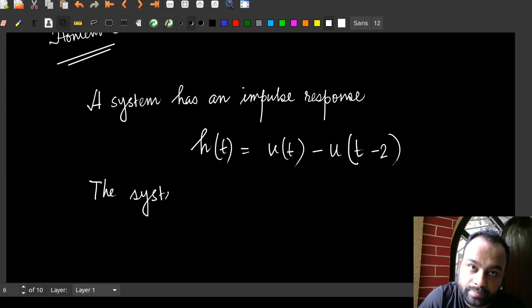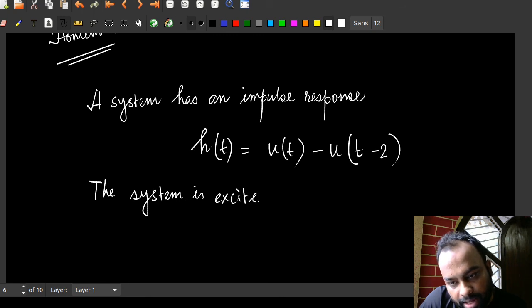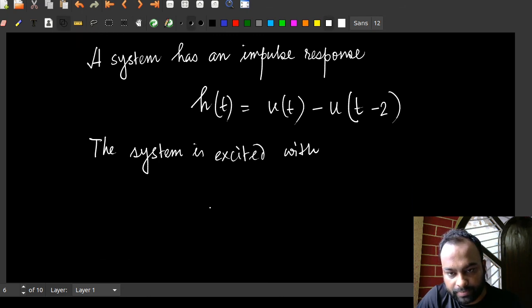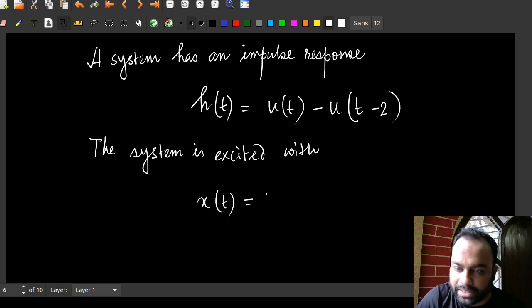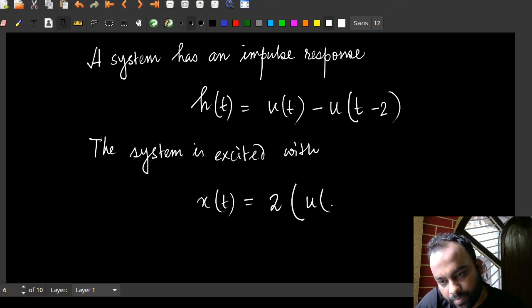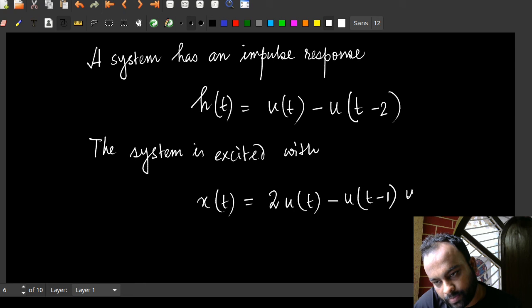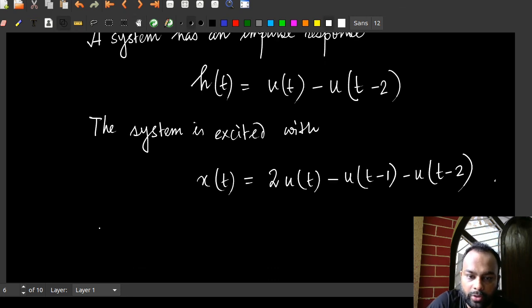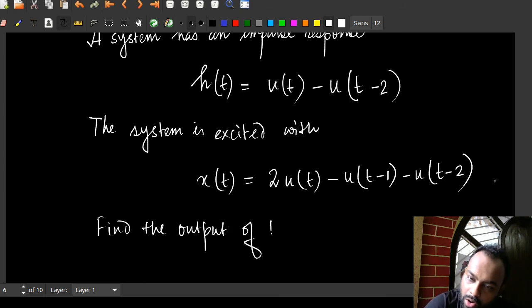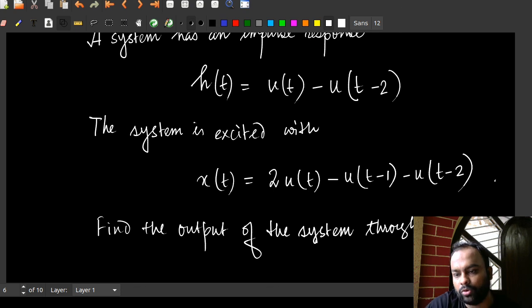And the system is excited with a signal that is represented with this. So the question is, find the output of the system through convolution.